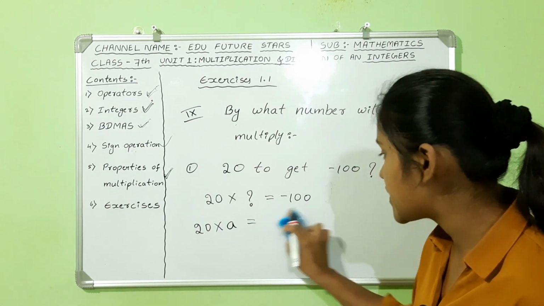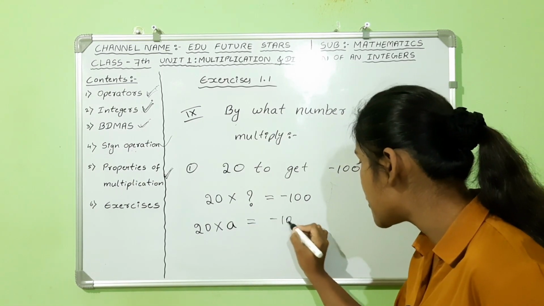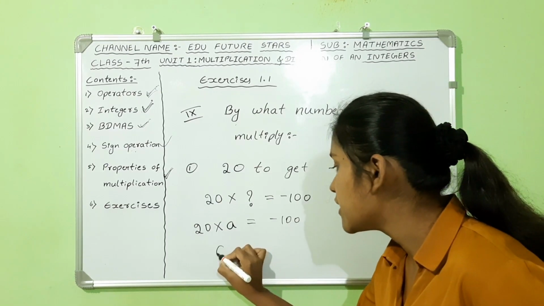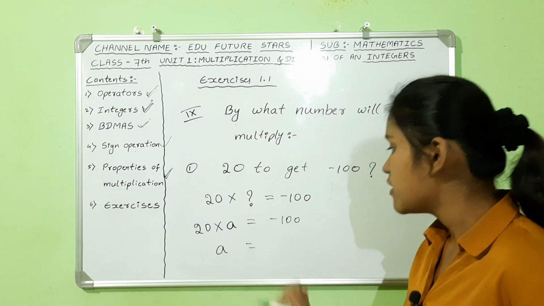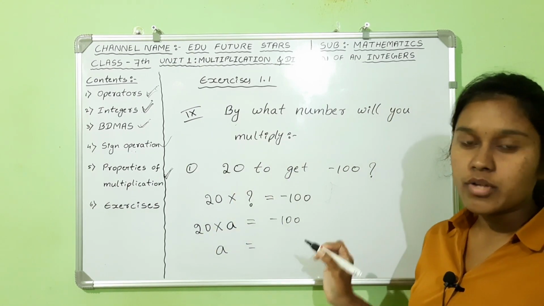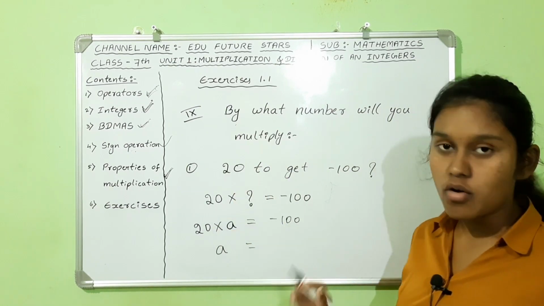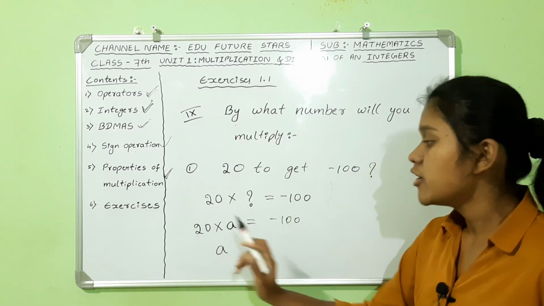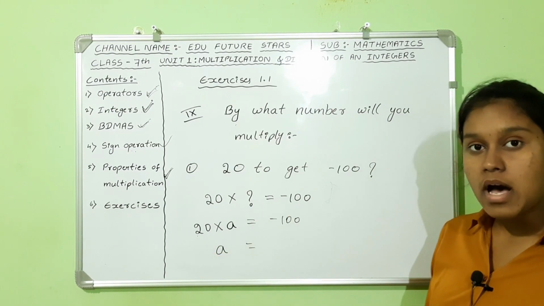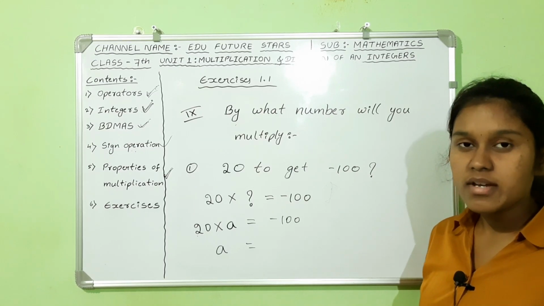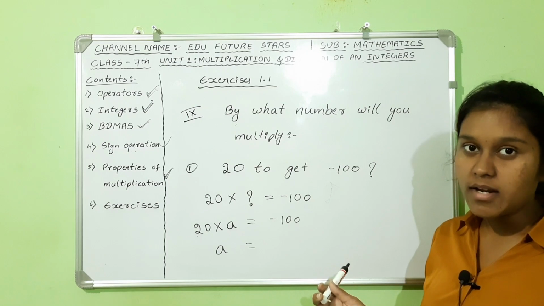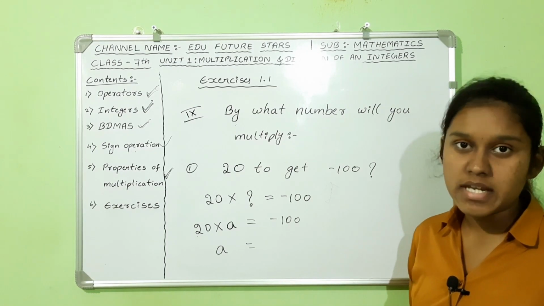So now let's see how we can get minus 100. We want the variable value, so keep a here. Let's transfer the 20 to the right hand side. 20 is the constant number, that's why I'm taking it to the right hand side. Here 20 and a are multiplied with each other. When the multiplicand 20 is transferred to the right hand side, it goes to the denominator.